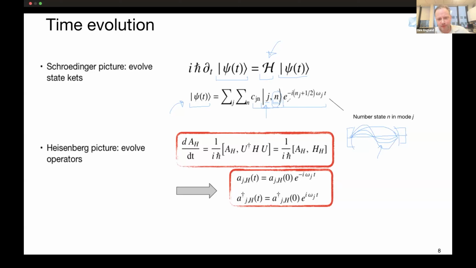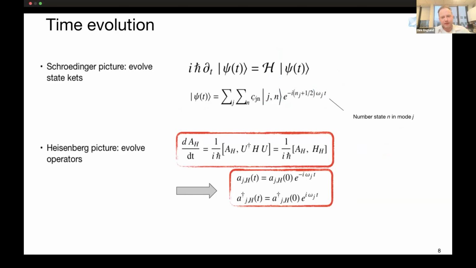And we know that the evolution scales as the energy of that state, which is E, the energy of the jth mode excited with n photons, divided by h bar omega. This is equal to that expression times t, times i. So this is just e to the minus i, the energy of the state, divided by h bar, times t.